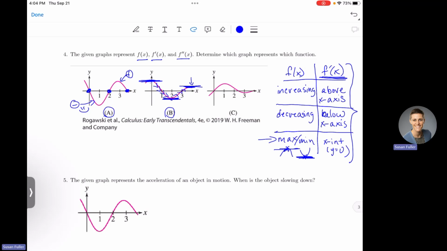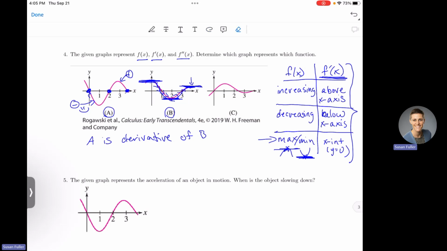So definitely, I would say A is the derivative of B. Hopefully you see that, because where B has a flat tangent, A has a 0. Where B is decreasing, A is negative. Where B is increasing, A is positive.